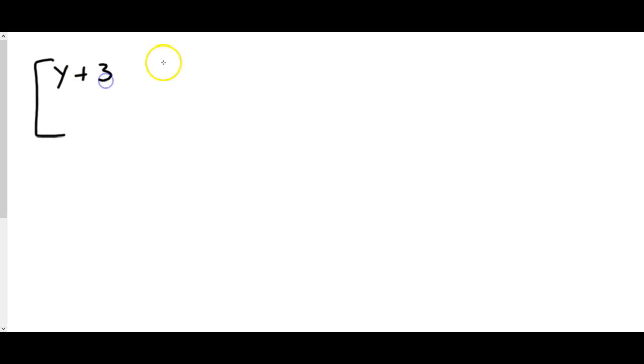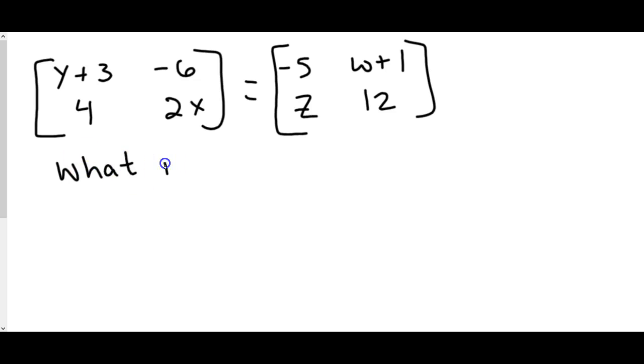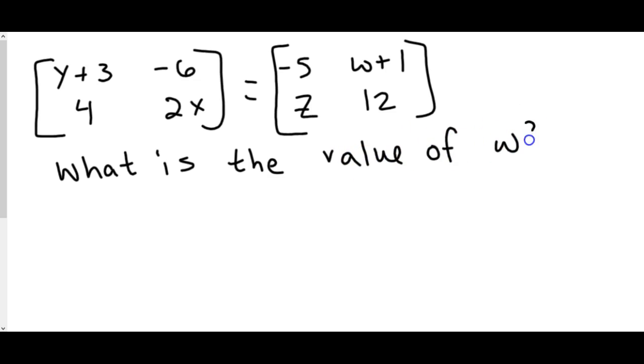Let's say we have some variables inside our matrix. And they're going to give you these two matrices equal to each other. And they're going to ask for a specific variable. So if they ask for the value of W, we're going to look for where W is.